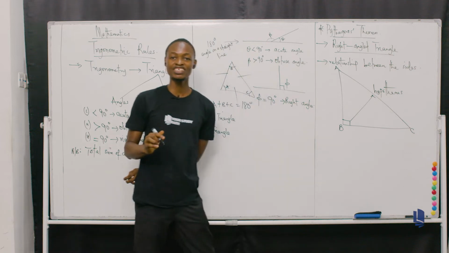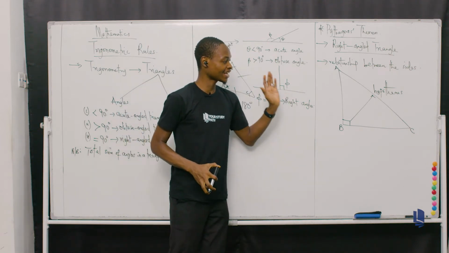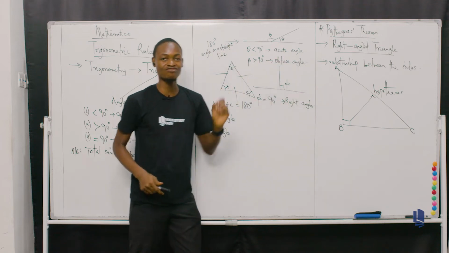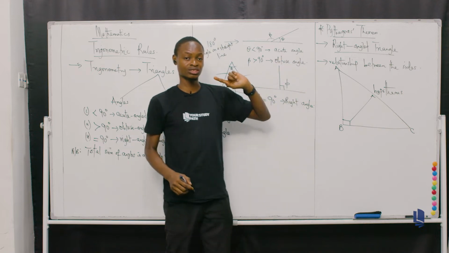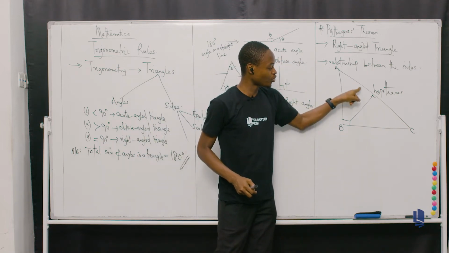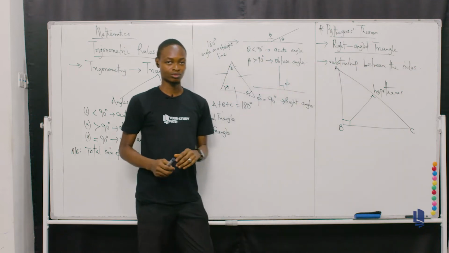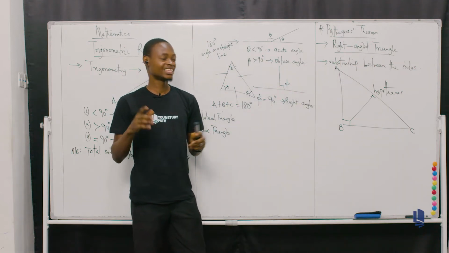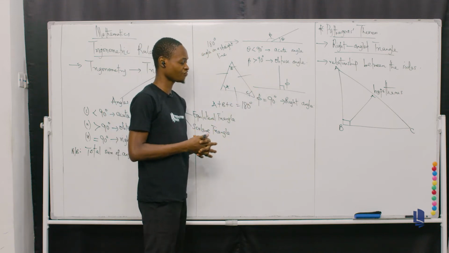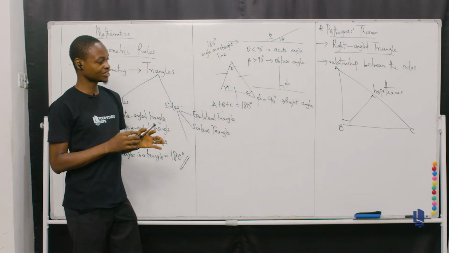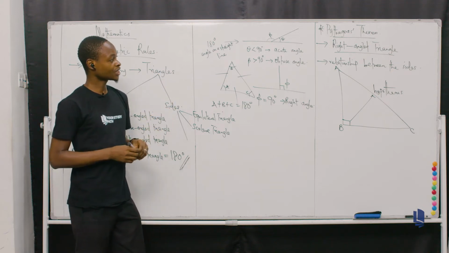So the 90-degree angle is the first angle you notice, and the side directly opposite the 90-degree angle is what we call the hypotenuse. Keep that in mind. Now, Pythagoras says, okay, fine, I have gotten that hypotenuse.